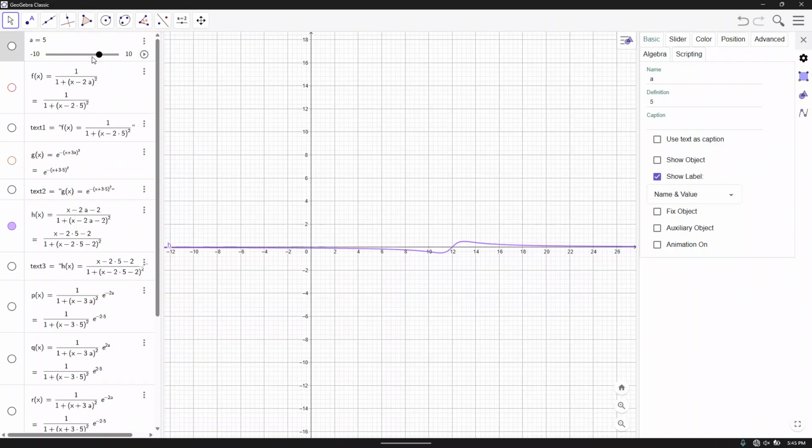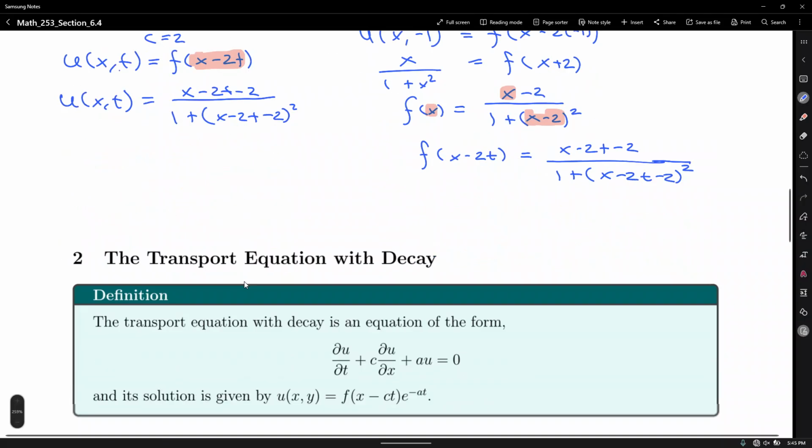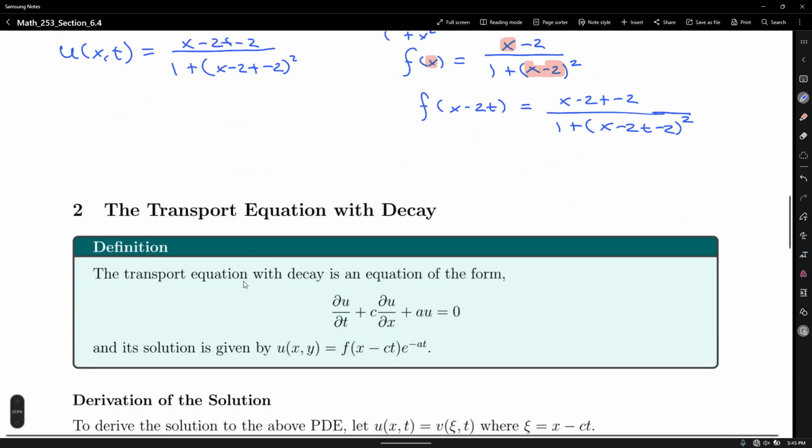And guys, those were three examples of the transport equation. Okay, guys, there is a special case of a transport equation that's called the transport equation with decay. Essentially it looks like the same PDE we saw a couple minutes ago. However, there's an extra term.